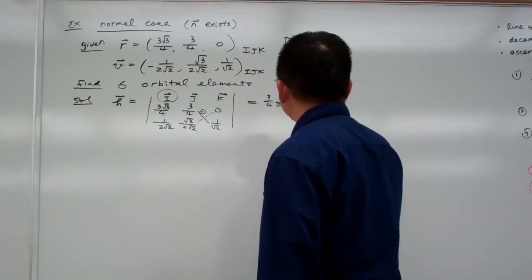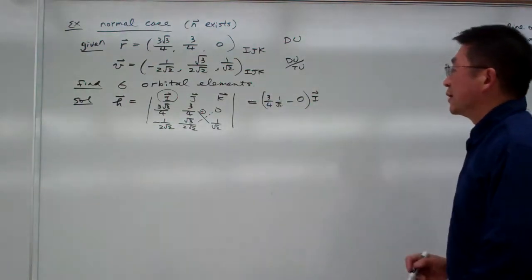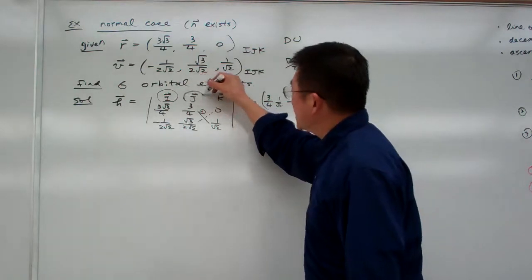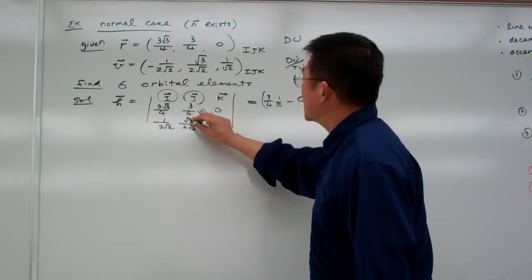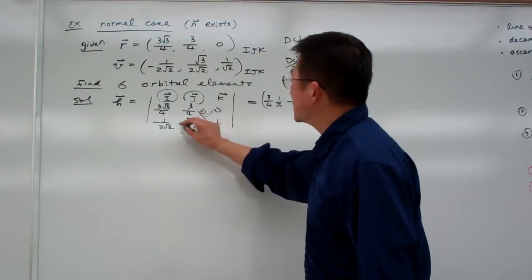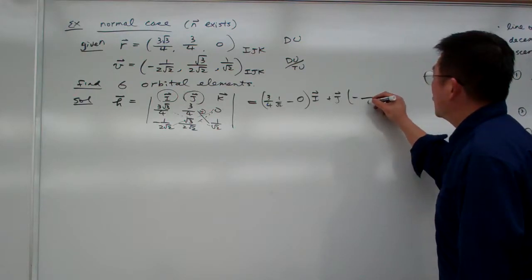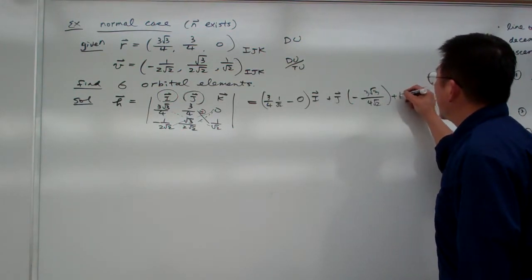So this is the I component. And the J component, basically taking this as the pivot, this is the minus and this is plus. So that is minus 4 square root 2, 3 square root 3, and plus k.